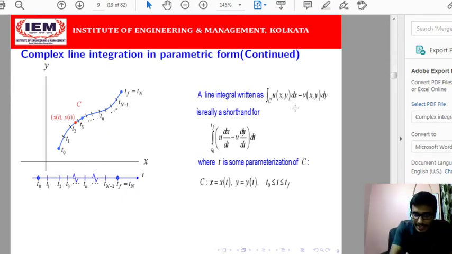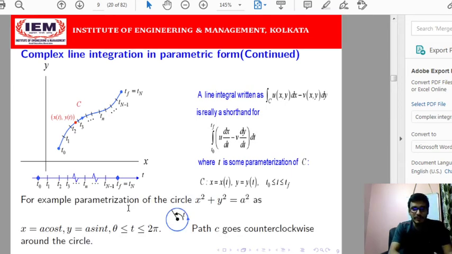Instead of dx, we can write dx by dt into dt, which is nothing but dx. So we can write this as u dx/dt minus v dy/dt, into dt. In that way we can represent the complex line integration in the form of the parameter t. So here C is the curve x(t), y(t) in the form of the parameter.